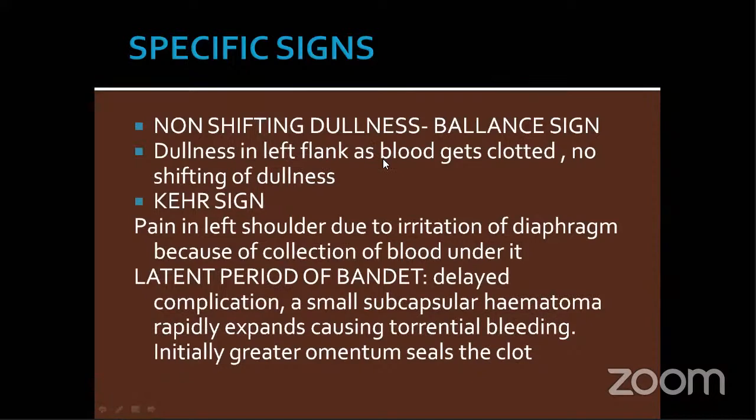So you are not able to elicit shifting dullness on the left side, but it is there on the right side. So this particular sign is called Balance sign. Okay, please remember this sign.